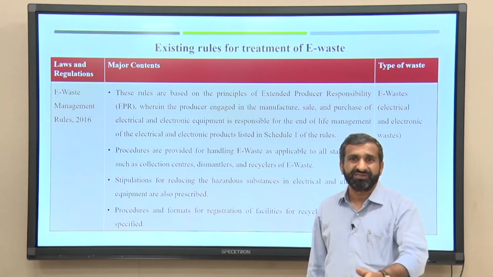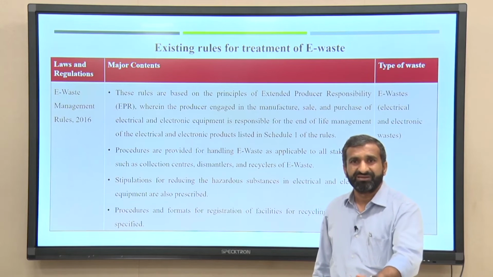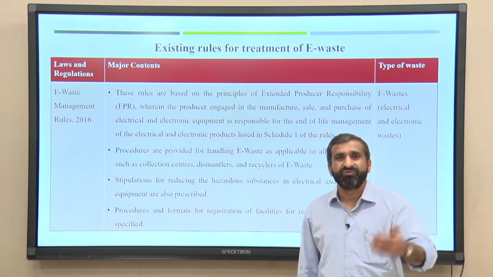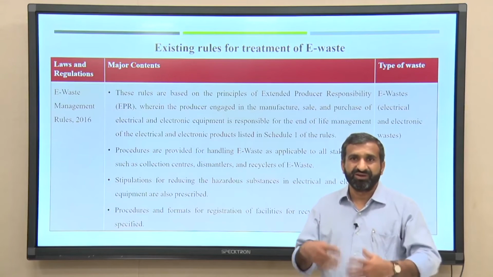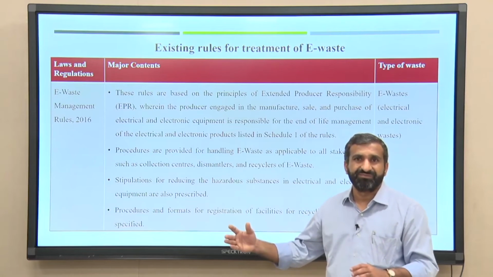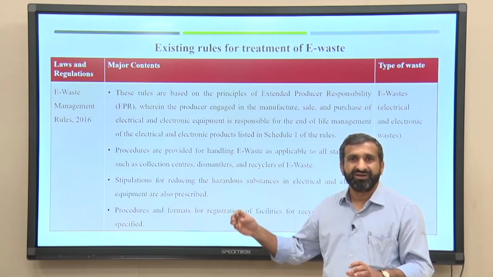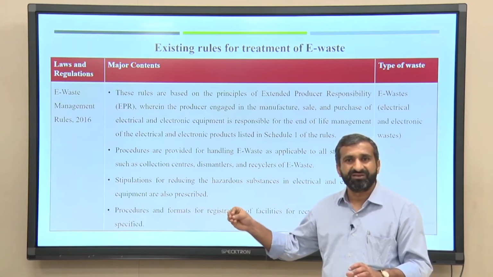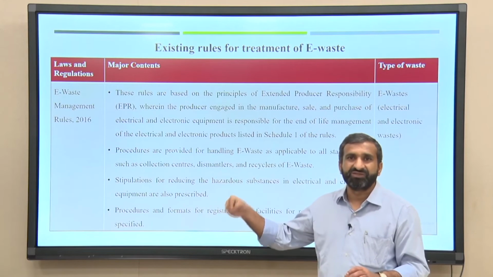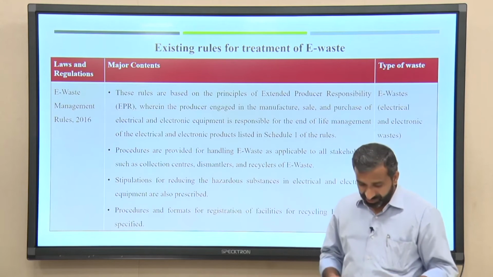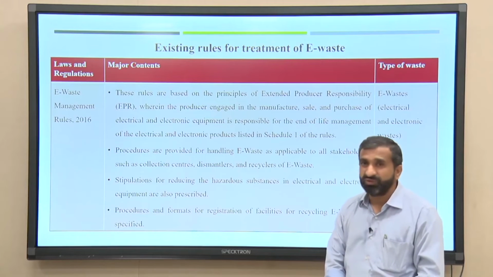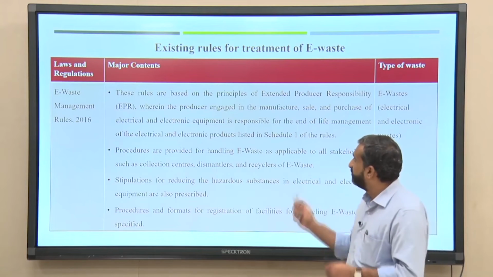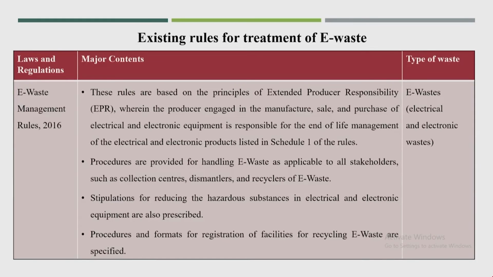That is why a mobile purchased in South Korea will not work in other parts of the world. These companies manufacture the product based on their country's rule. So, the modified 2016 rule is majorly focused on the principle of extended producer responsibility.